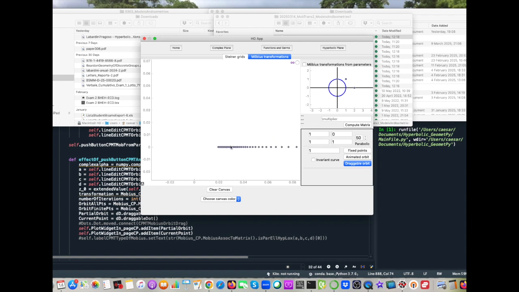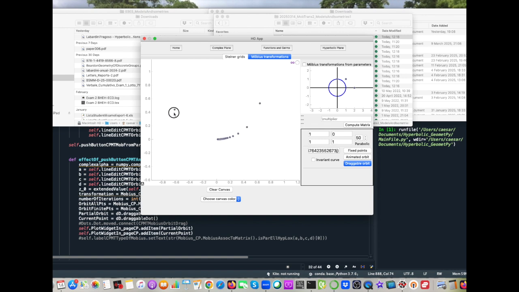Okay, so these are the first 50 members for the orbit of 1. Now what I'm going to do is move the initial point and see how the first 50 look.